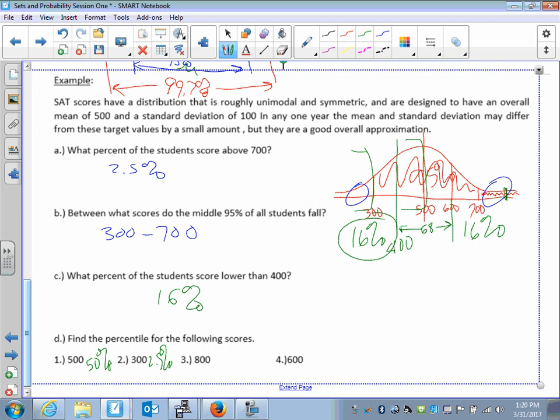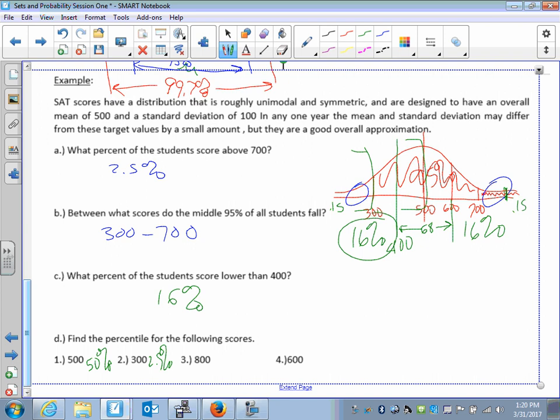And 800, now 800 is over here at 3 standard deviations above the mean. Now, between 200 and 800, 99.7% of the data falls. That means there is 0.3%, or 0.15% on this end and 0.15% on this end.